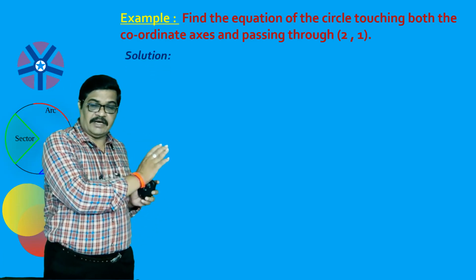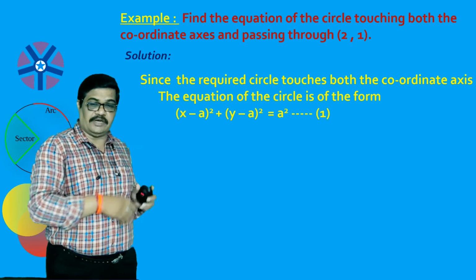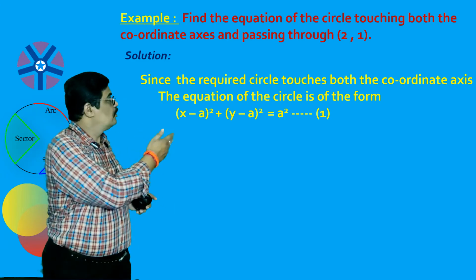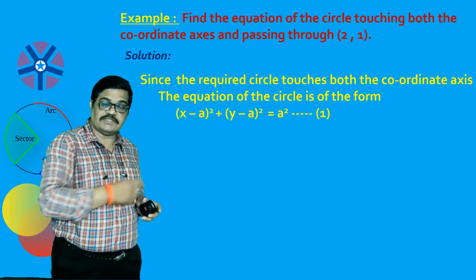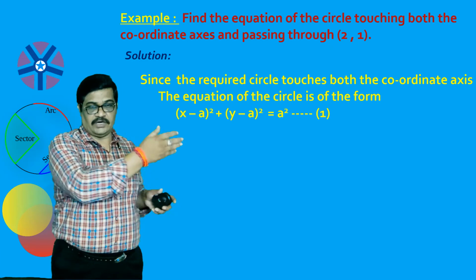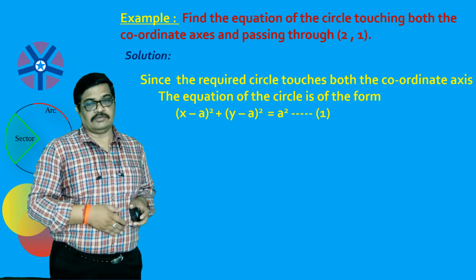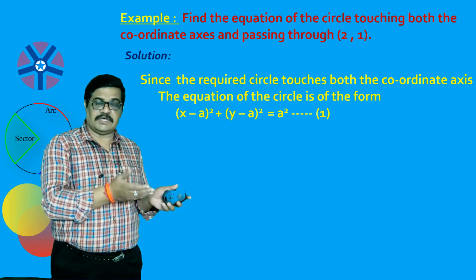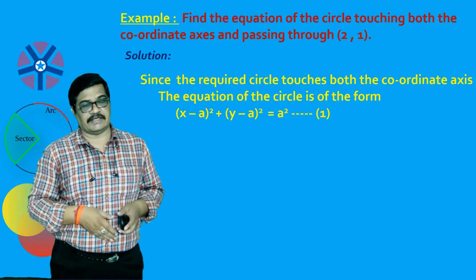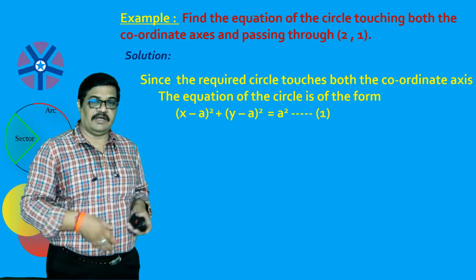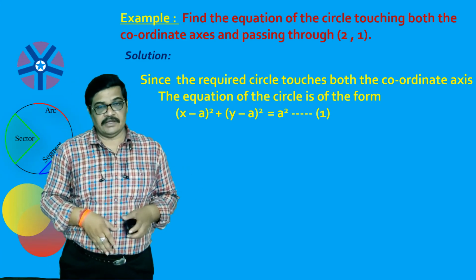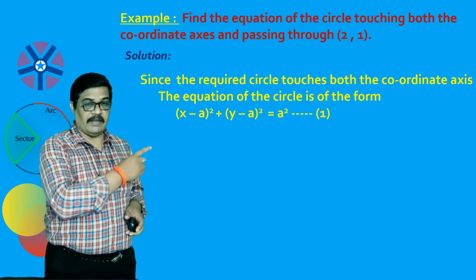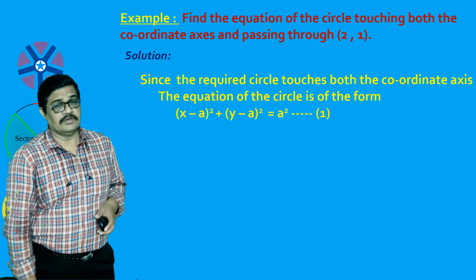Since the required circle touches both the coordinate axes, the equation we take is (x - a)² + (y - a)² = a², as we already said in the above note. The center is (a, a) and the radius is a.